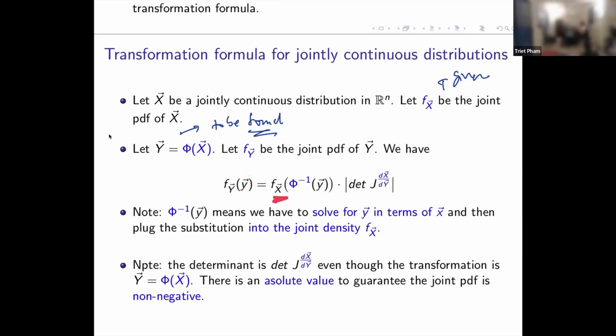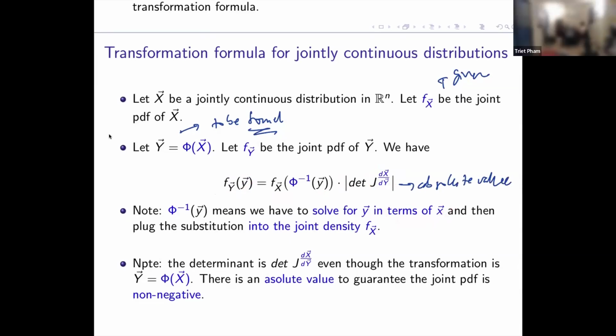It's the PDF of X, plug in the expression of X in terms of Y, when you solve for X in terms of Y, and then multiply with the absolute value of the determinant of the Jacobian in the right direction.